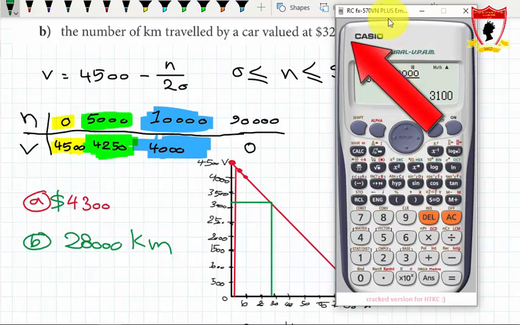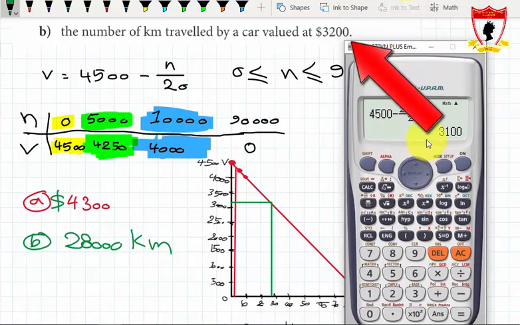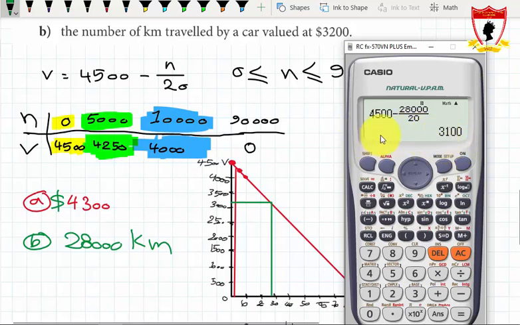So yes, it's close, it's acceptable. If we put 28,000, it's 3,100. As estimation, it's fine, but when you check your answer, you see 28,000 is 3,100. You can just increase the 28,000 and see the result. If we put 29,000 as estimation, 29 is also acceptable.